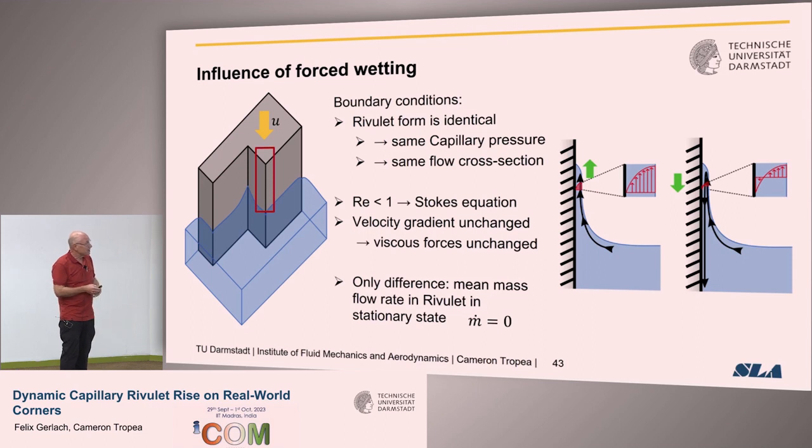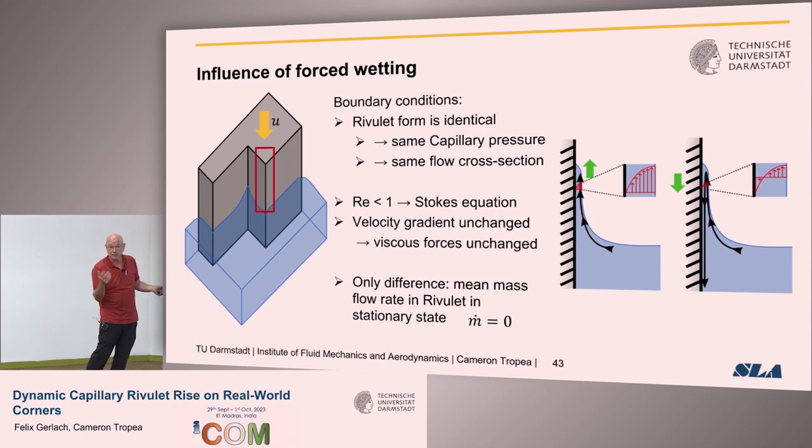When the wall is going down and we get the same height, the wall shear stress is the same. The outer boundary condition is no shear. Here we have mass flux 0. Here we have mass flux mean velocity over the height.